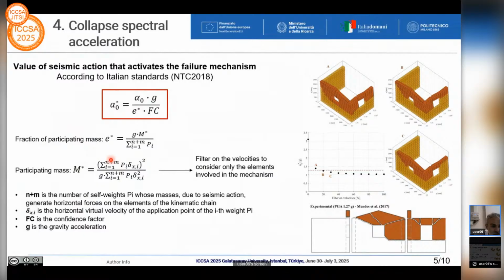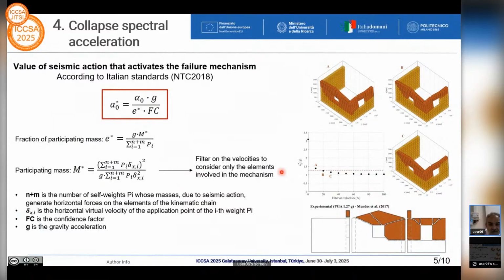There is a problem with M star because it depends on the horizontal velocities of the elements. And very recently, with Martina and Natalia, the two co-authors of this work, we proposed a filter on the velocities to consider only the elements that are involved in the mechanisms.